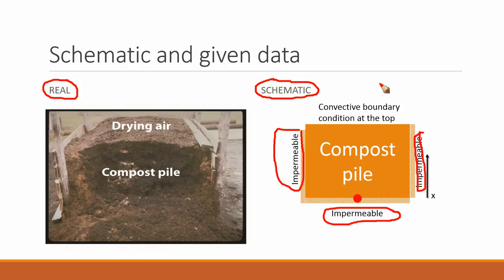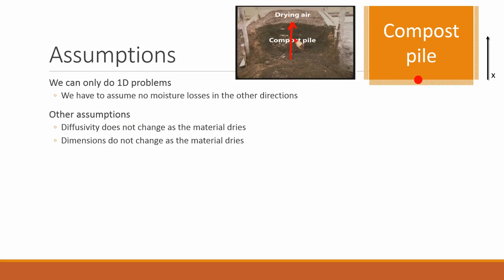So this makes it kind of a 1D problem, as we'll see in a second. So as I said, this problem is now a 1D problem, so moisture can only go out this way. So it's a 1D problem where the moisture transport is in the x direction.